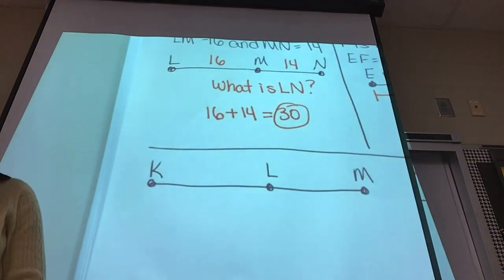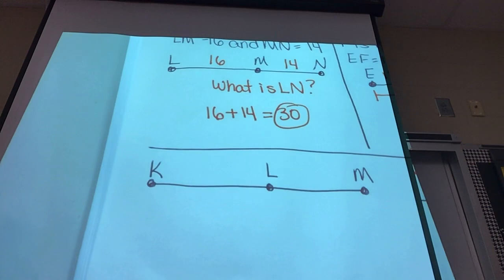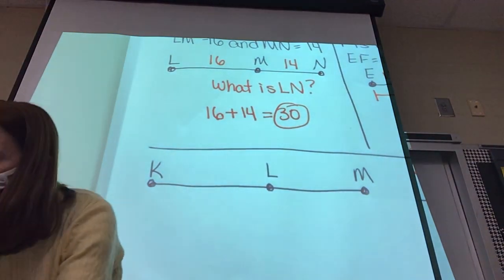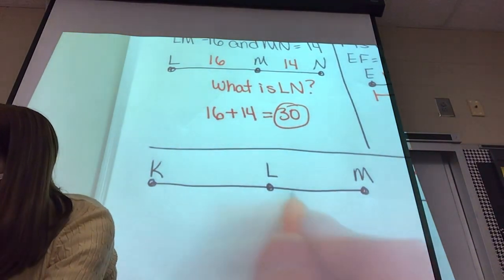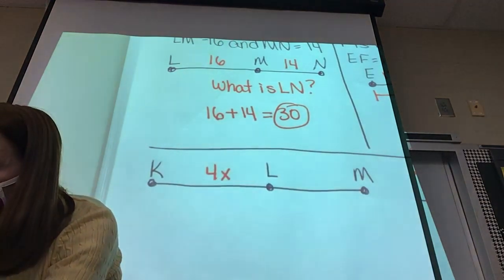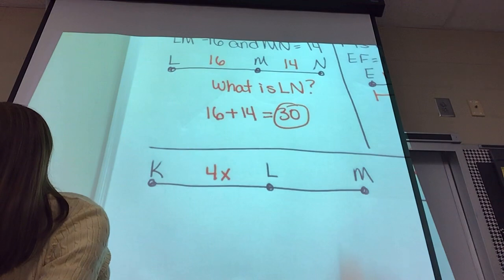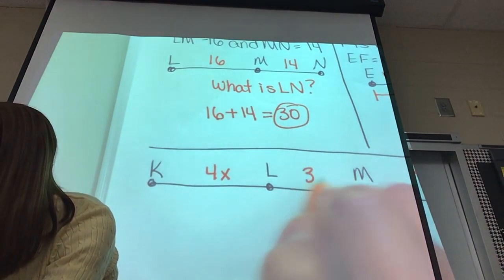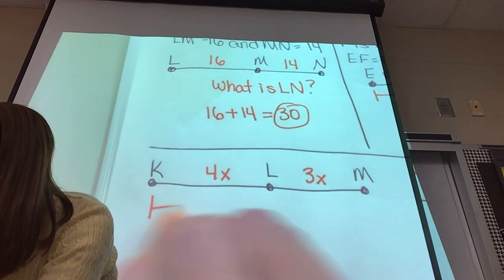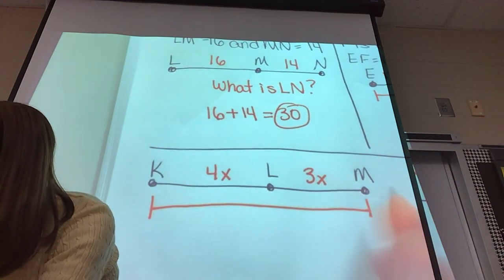Okay, so here's my problem. I've got K, L, and M. And I'm told that from K to L is 4x. From L to M is 3x. And the whole entire line is 7.